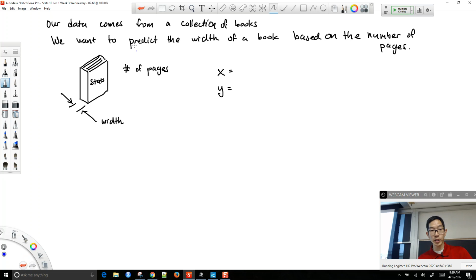Okay. Well, let me give you an equation, and then we'll do a quick clicker question here. Based on our data, we find the following regression equation.